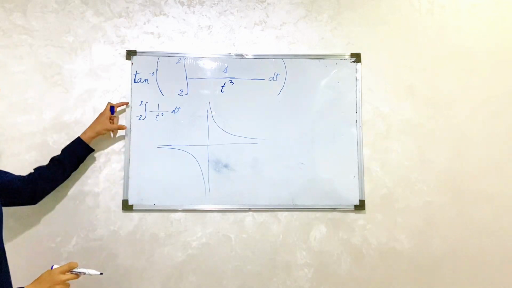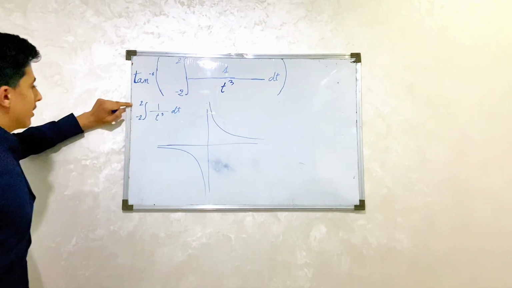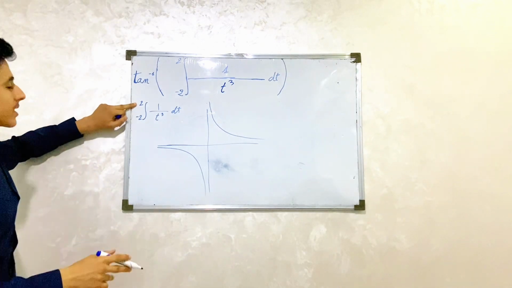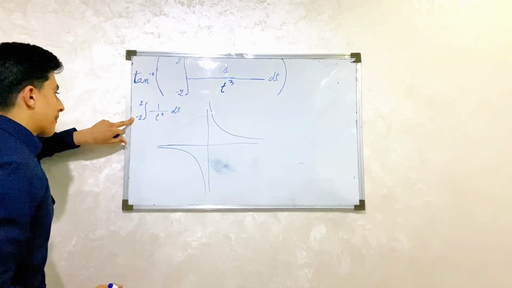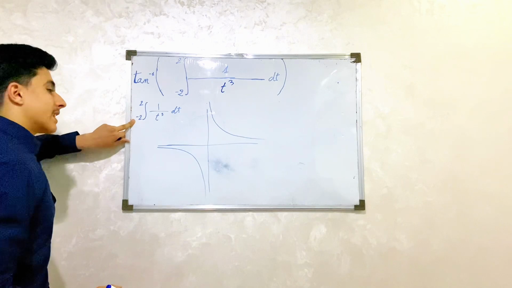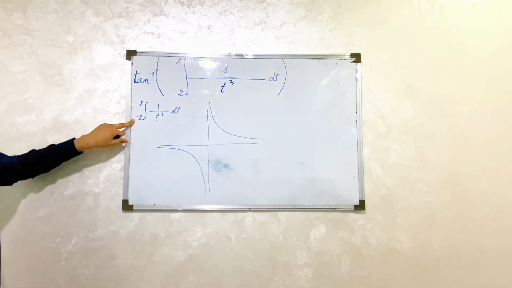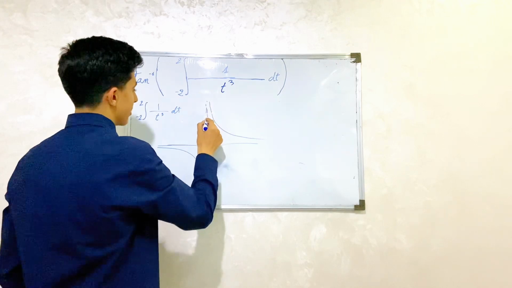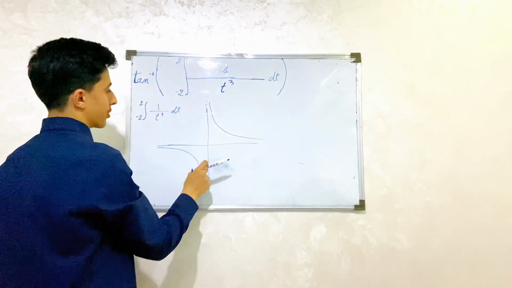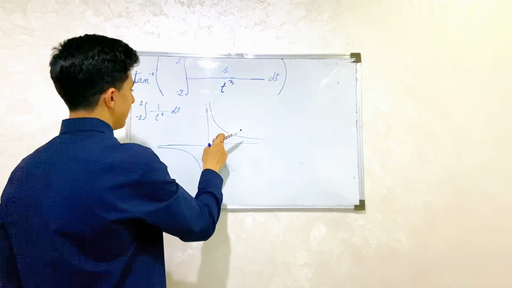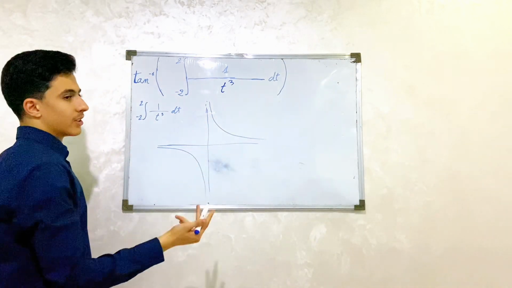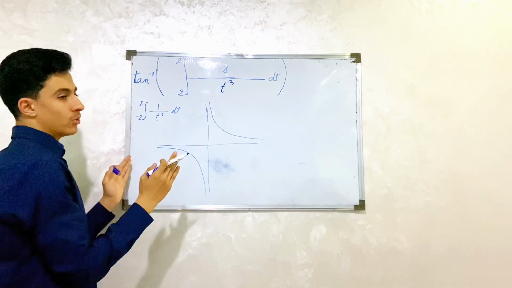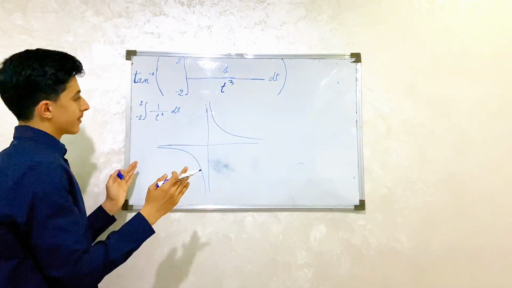If we just take the indefinite integral at 2 and subtract the indefinite integral at negative 2, we would be forgetting the fact that the function isn't continuous right here. There is a discontinuity at 0. It means that the function isn't continuous, so we need to break this into 2 integrals.